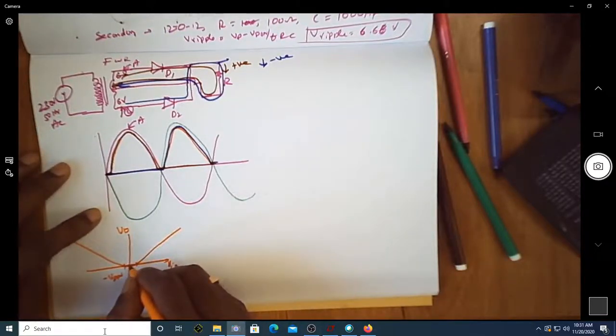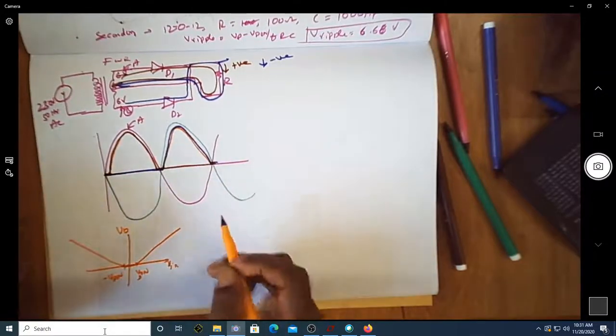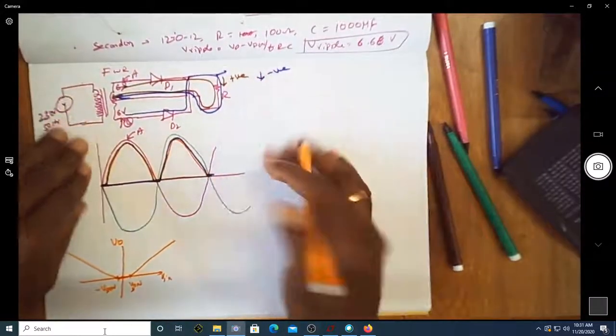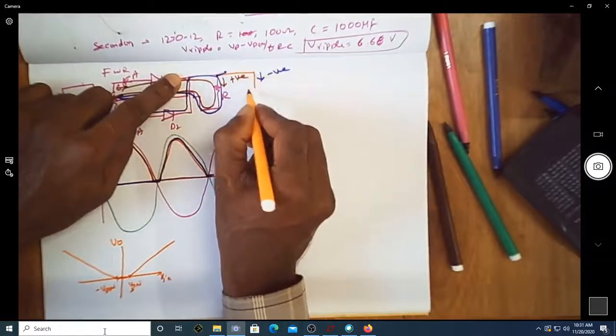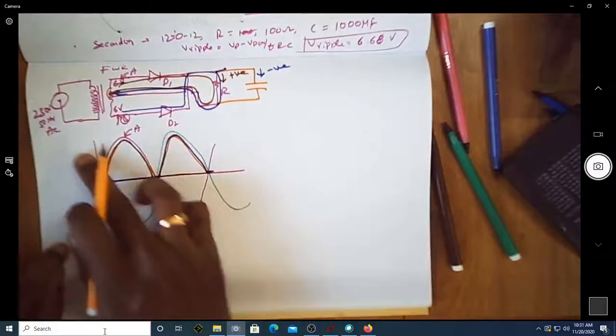So from 0 to VD on, both the diodes are off. Here also, it's off. Now assume that we put a capacitor here, because there is a lot of ripple here.